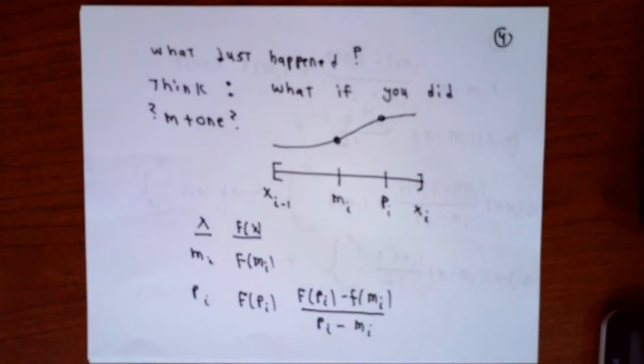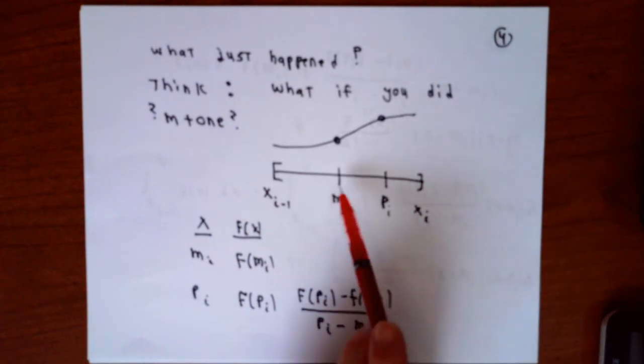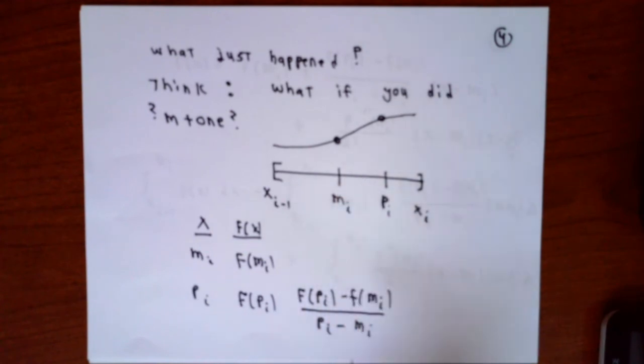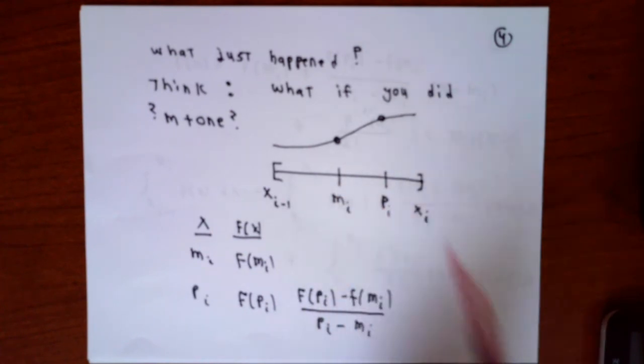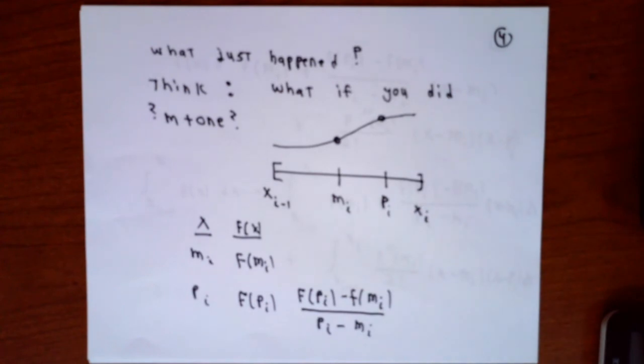So in subinterval number i, which goes from x_{i-1} to x_i, we will have interpolation not only at the midpoint, m_i, but some other point, p_i, which is not the midpoint. We'll build up our approximation scheme based on interpolating polynomials, as we've done before.